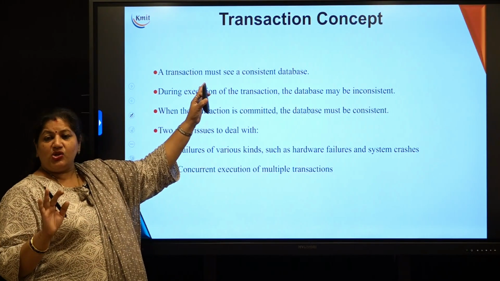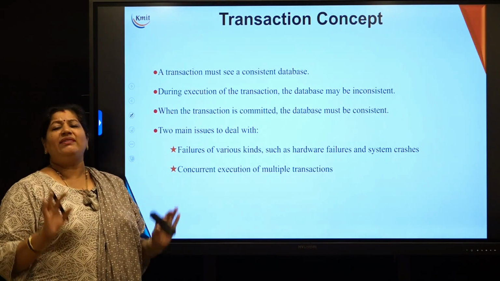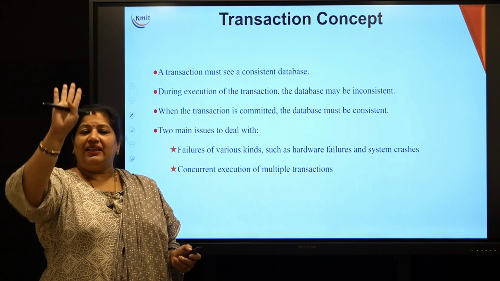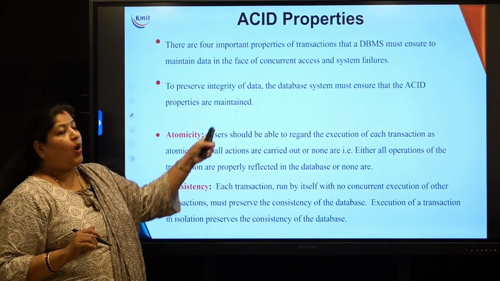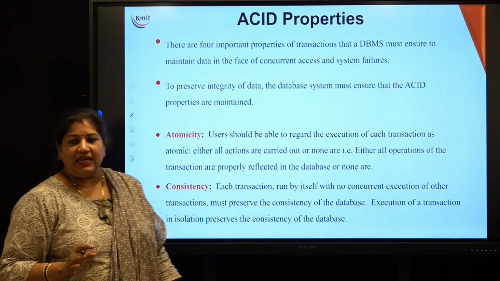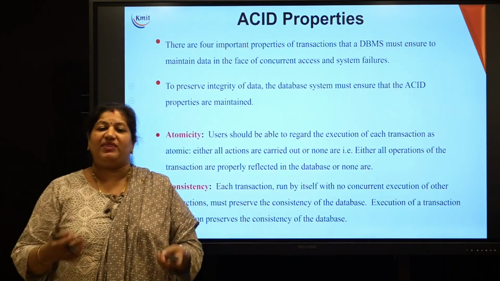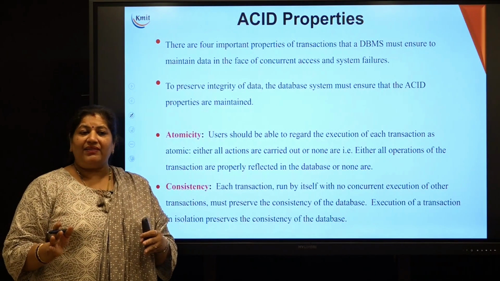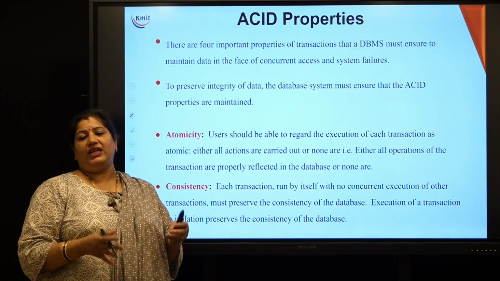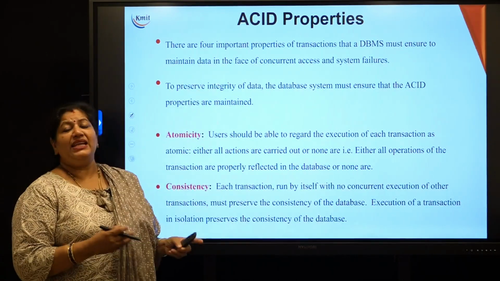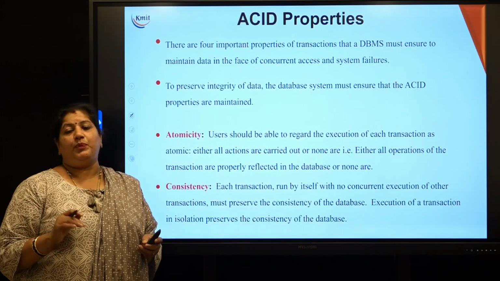One is ensuring that the data is always consistent. Now, in order to do this, there are 4 different properties that have to be considered. As a database user or as a database programmer, you should make sure that your transactions, or otherwise your design of the database, should ensure these properties, which we in general call ACID properties.